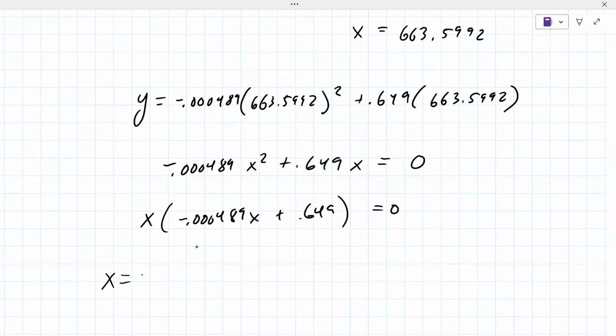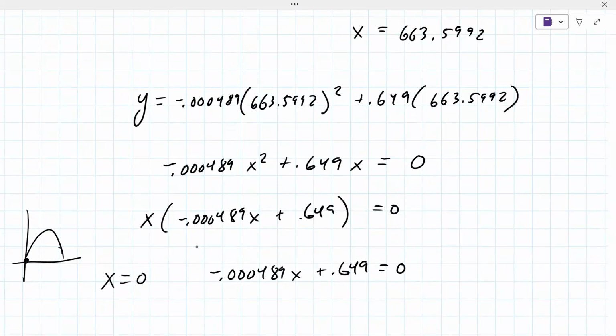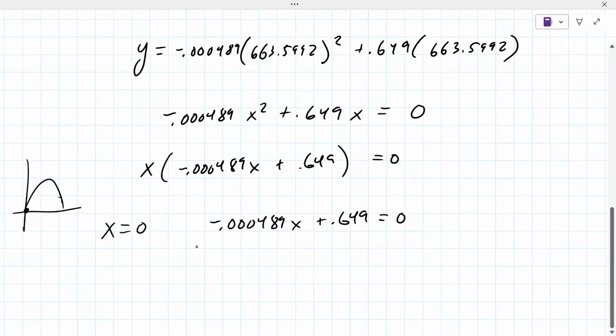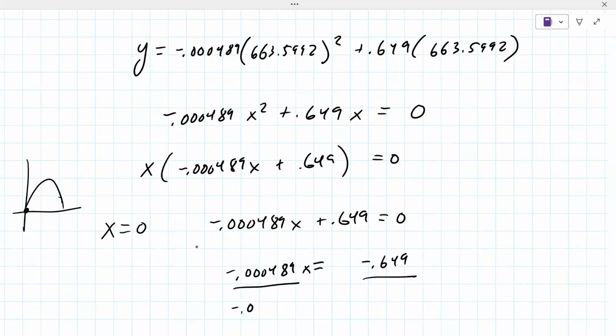You set x equal to zero, and that makes sense because that's where it starts. It starts at zero. And then you set the next one equal to zero. And so you subtract the 0.649 to the other side, and then you divide both sides by that number.